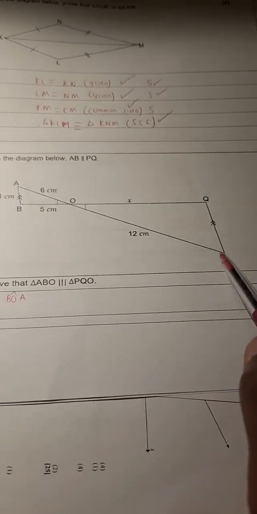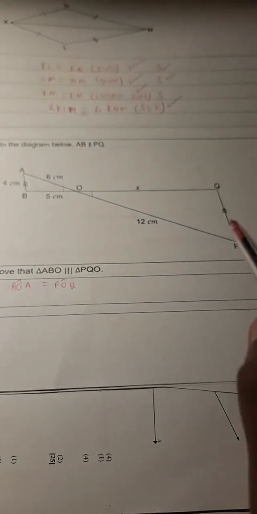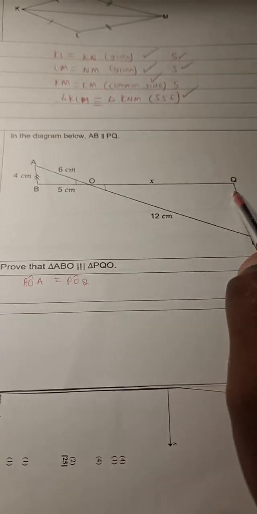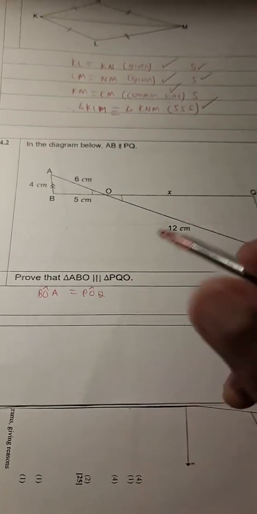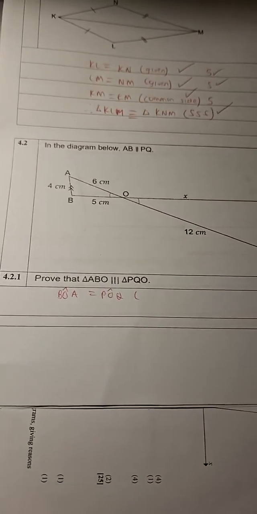Aren't those two angles equal? What is the reason for them being equal?